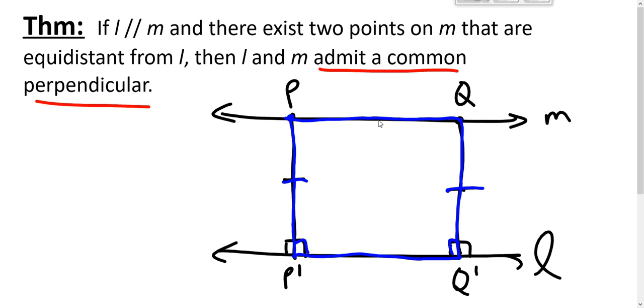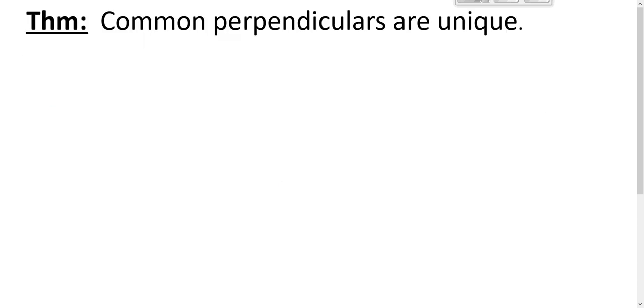And you proved in a previous lesson that if you connect the midpoint of PQ to the midpoint of P prime Q prime, you get a line that is perpendicular to both the summit and the base. And that's how we prove that common perpendiculars are unique.